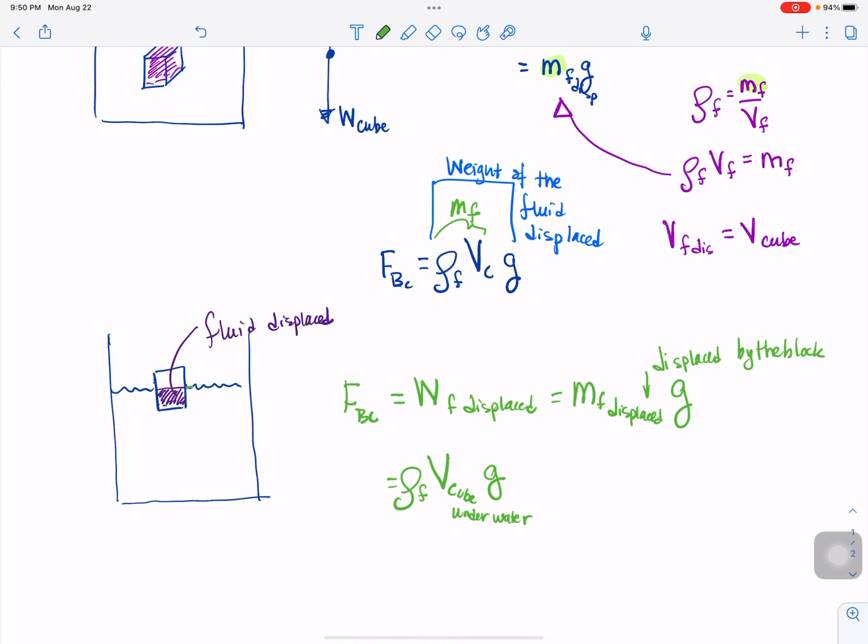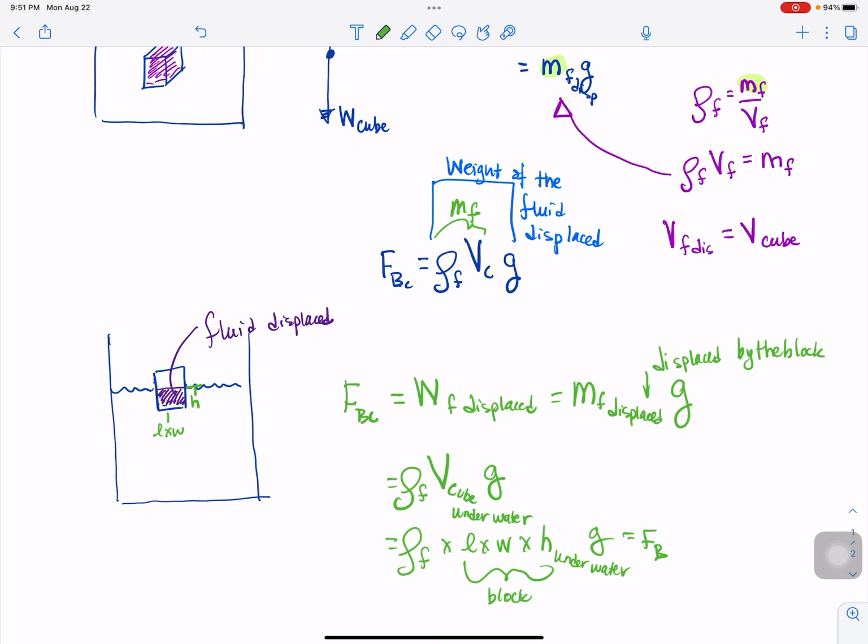We will define some h, and then we will assume that the bottom is length times width. And so this will be density of the fluid times the length times width times the height underwater of the block. And then times g. And so that is equal to the buoyant force.